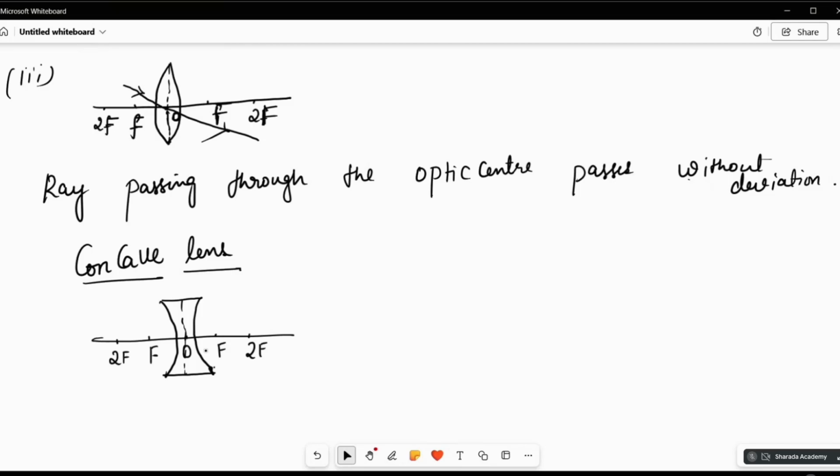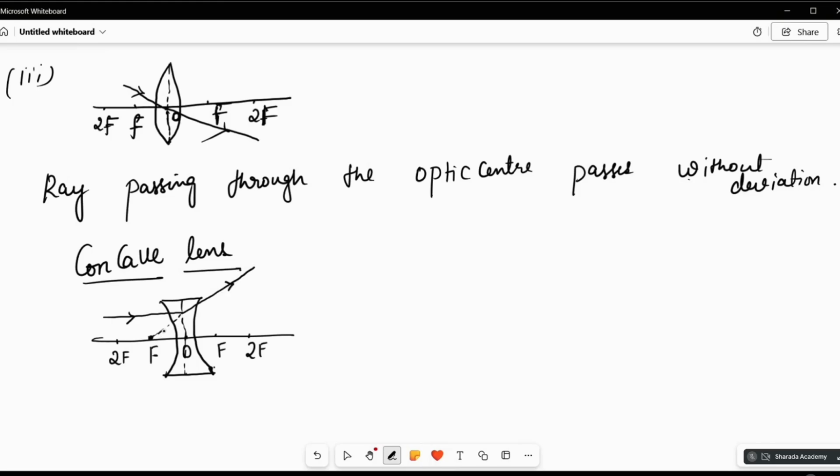Any ray parallel to the principal axis, listen here, appears to diverge from the focus point. That means any ray parallel to the principal axis appears as if it is coming from the focus point.